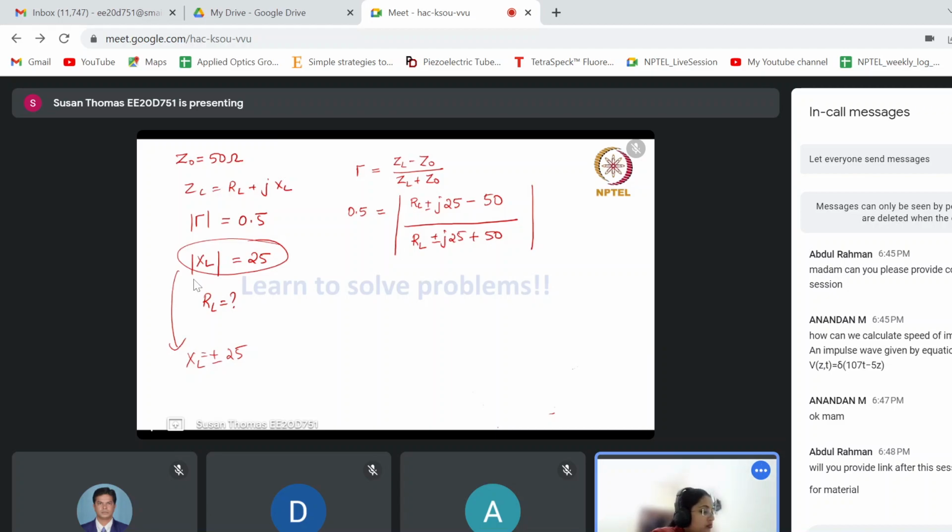Now let us make it a little simpler. How do we take the magnitude of a complex number? It is the square root of (RL minus 50) the whole square plus 25 squared, divided by the square root of (RL plus 50) the whole square plus 25 squared. This is equated to 0.5. Now will you be able to calculate RL? Square both sides and try.